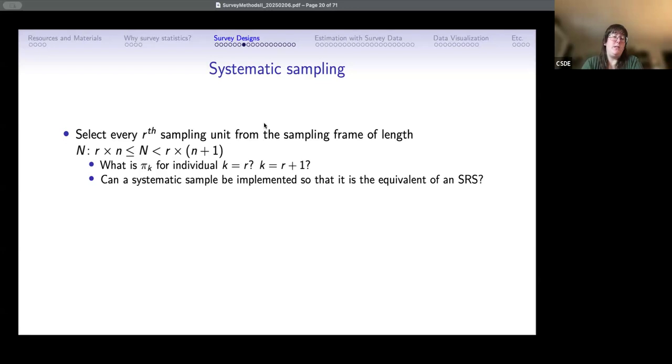The reason people do systematic samples is because it's easy, right? If you have a really big list, you don't have to randomize, but also because in practice, many surveys are household surveys, and sampling frames at the household level don't usually look like lists. They usually look like maps, right?